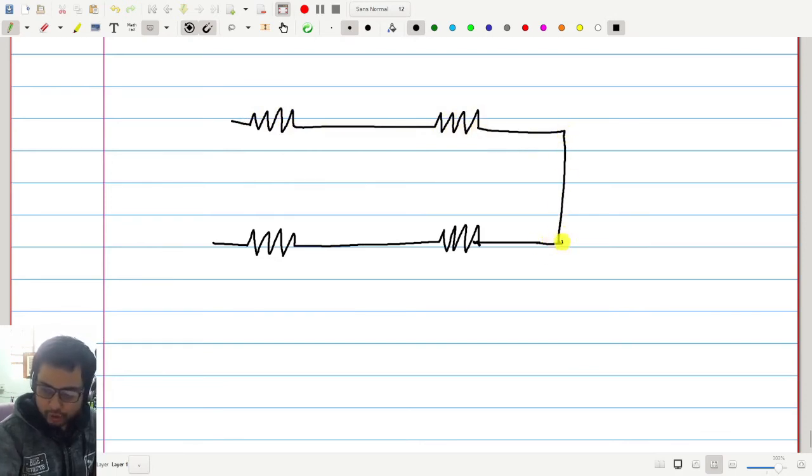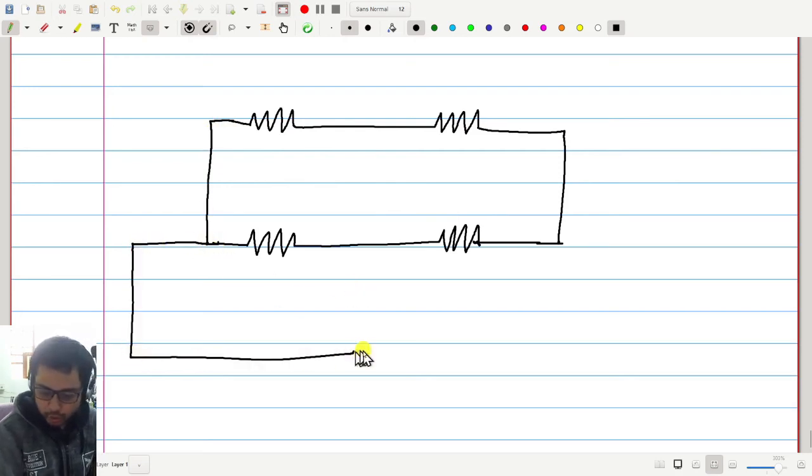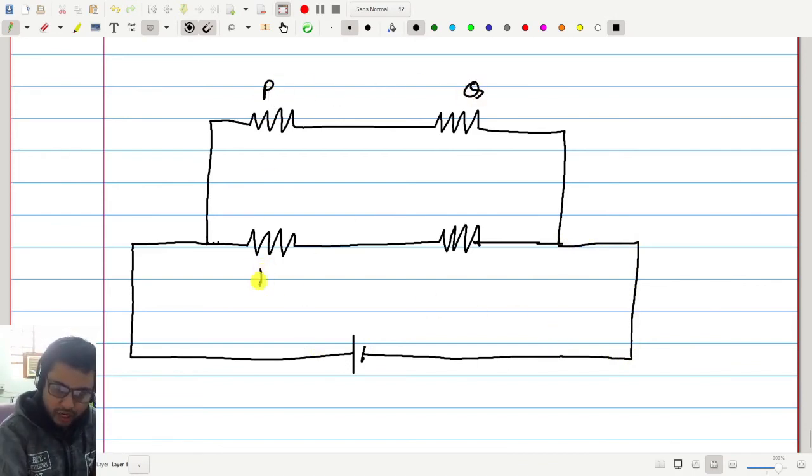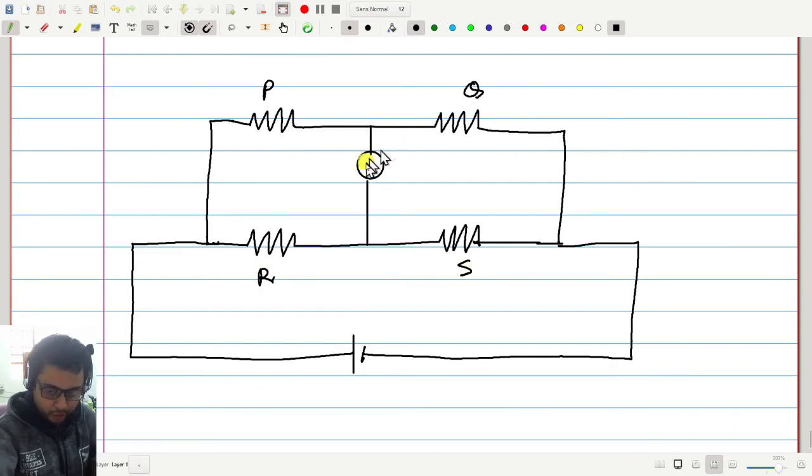I am going to draw the Wheatstone bridge in a slightly different way than you have seen in your books so far. This is a Wheatstone bridge, right? Let me call P, Q, R, S. Here we have a meter. Normal Wheatstone bridge.